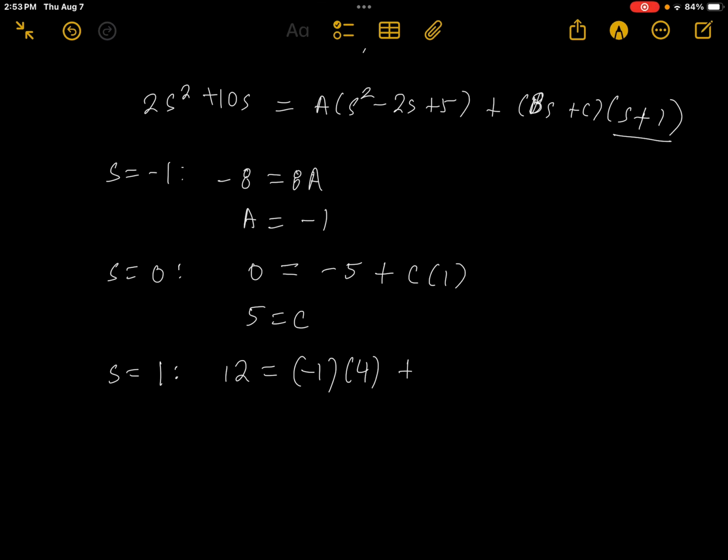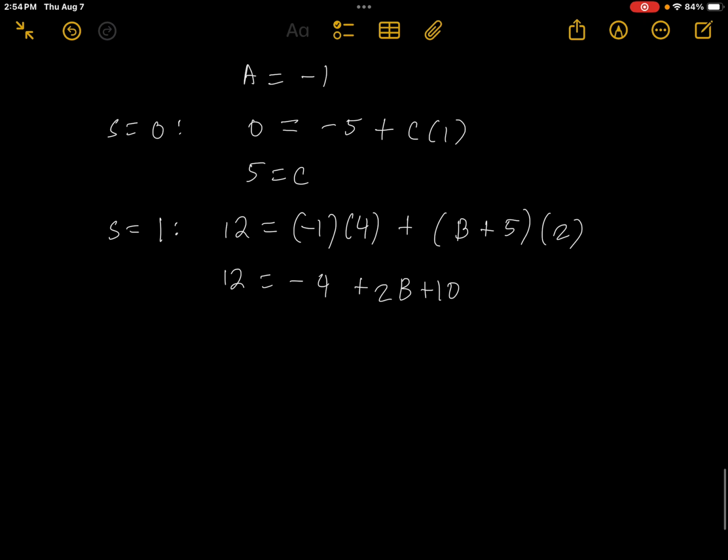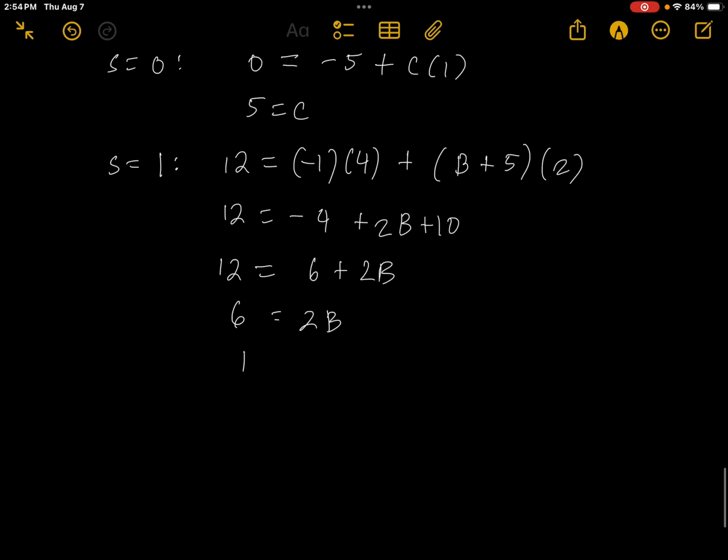And then plus b times s, that's b, plus c, c is 5, times s plus 1, s plus 1 is 2. So 12 is equal to negative 4 plus 2b plus 10. That's 12 equals negative 4 plus 10 is 6. 6 plus 2b, subtract 6 on both sides. 6 is 2b. B is equal to 3.